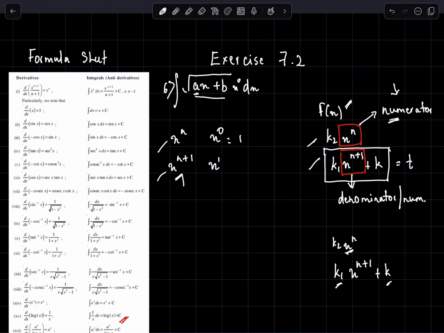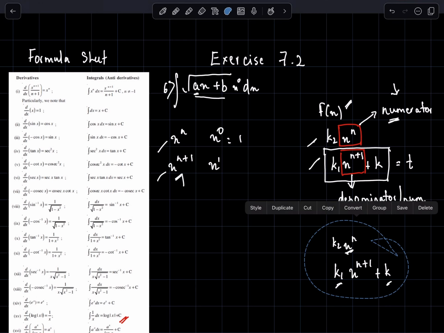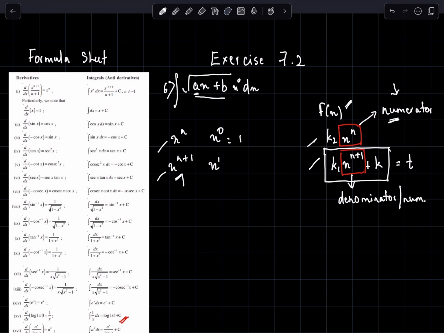So then all you have to do is take ax plus b equal to t. Now let's differentiate. Remember, a and b are constants, some numbers, any set of real numbers. So when you differentiate this, a comes out, the differential of x is 1, so you get a.